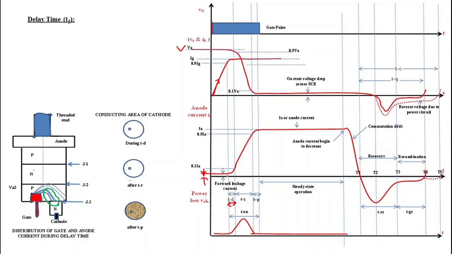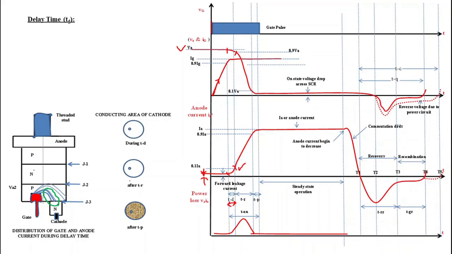During delay time TD, anode current rises from forward leakage current to 0.1 IA, where IA is the steady state anode current, or we can say the anode current flowing during turn on. Anode voltage falls from VA to 0.9 VA during this time period TD. Now this happens on the characteristic.